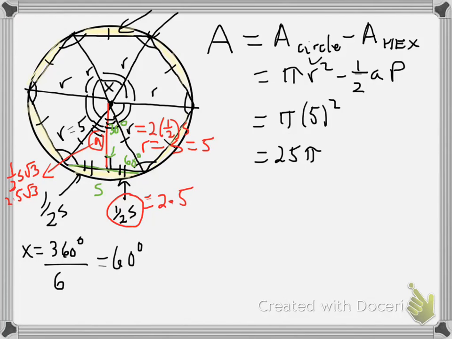So let's put those numbers in the formula. Half times 2.5 root 3, that's the a. Now it's a hexagon, so it's going to be 6 sides, each 5 in length.